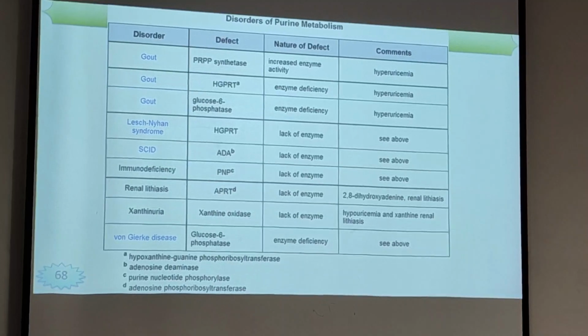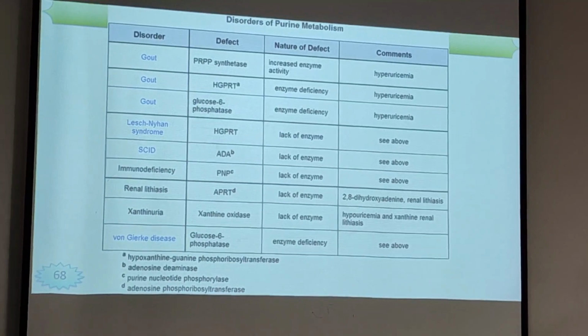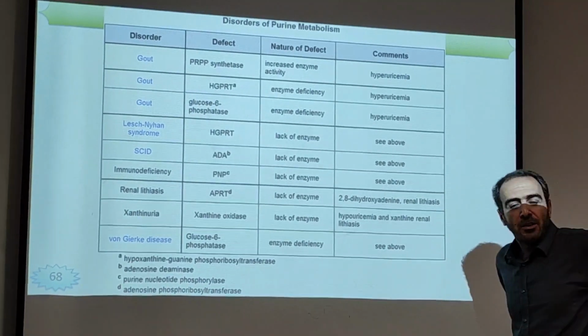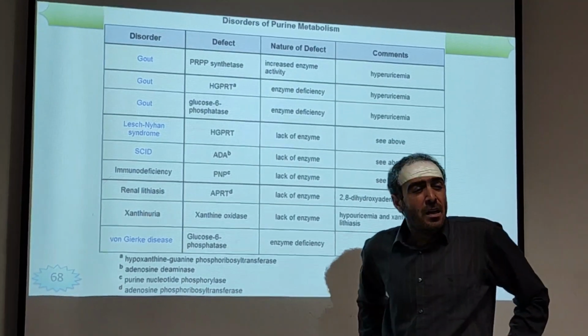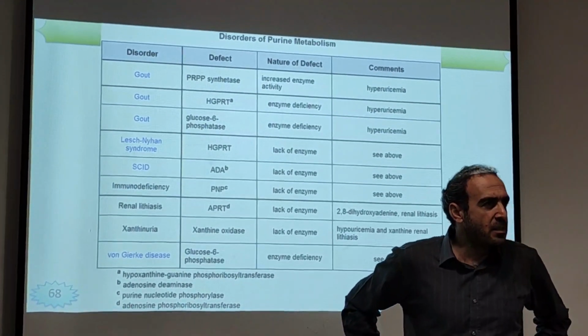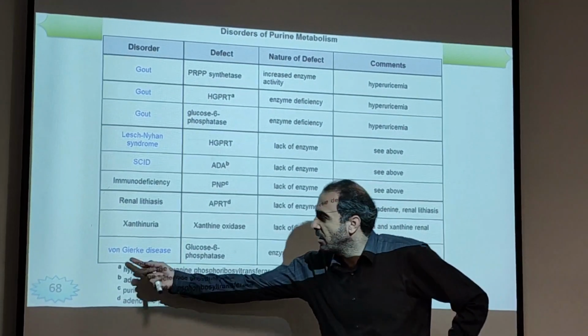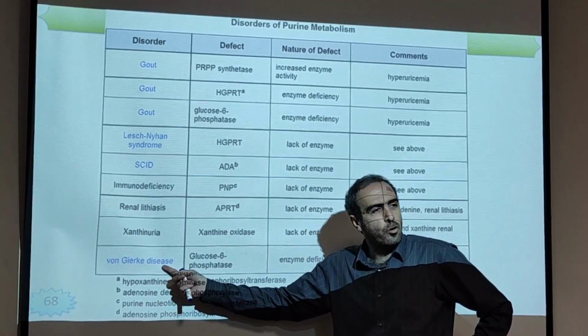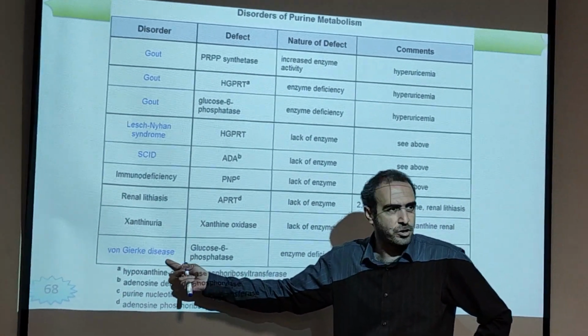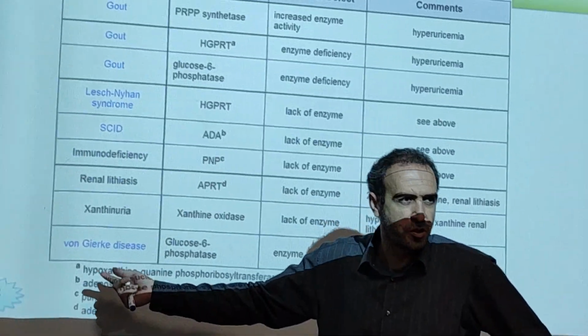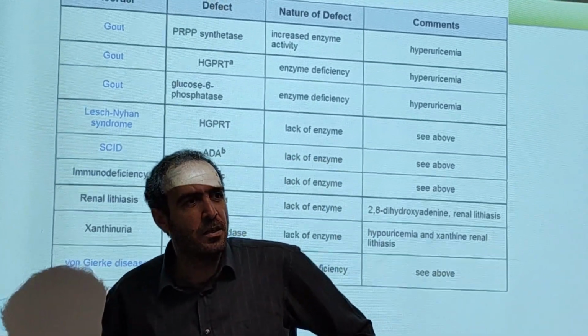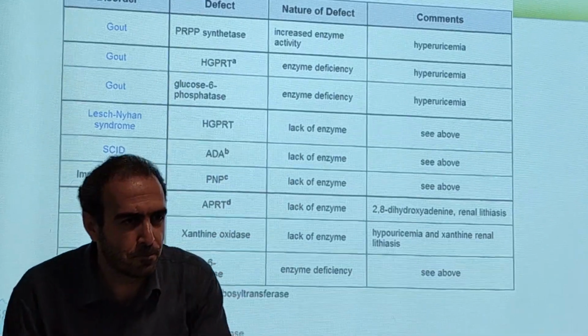Do you remember what glucose 6-phosphatase was? During the glycogen storage disease. Okay, then the disease name is von Gierke disease. Why did von Gierke disease lead to hyperuricemia?